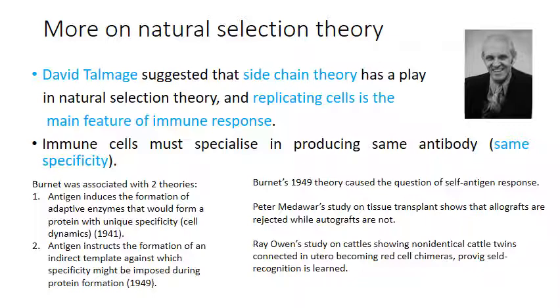So Burnet's 1949 theory raised the question of self-antigen response, and he was influenced by the findings of Peter Medawar's study on tissue transplants, showing that allografts are rejected while autografts are not, which shows that there is a certain response to self-antigen. And Ray Owen's studies on cattle actually show that self-recognition is learned rather than programmed.